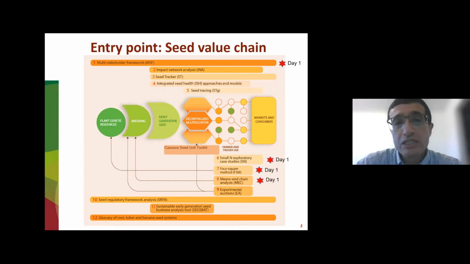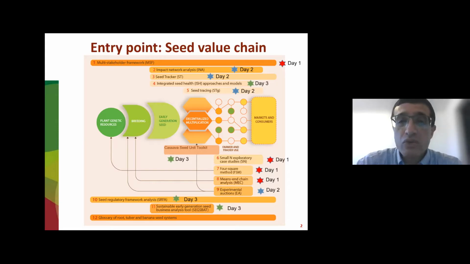We started with the multi-stakeholder framework, and you can see there that the framework actually covers the whole seed value chain. Also small and exploratory case studies in day 1, 4-square method also in day 1, means chain analysis in day 1. And then in day 2, we covered yesterday impact network analysis, seed tracker, seed tracing, and experimental options.